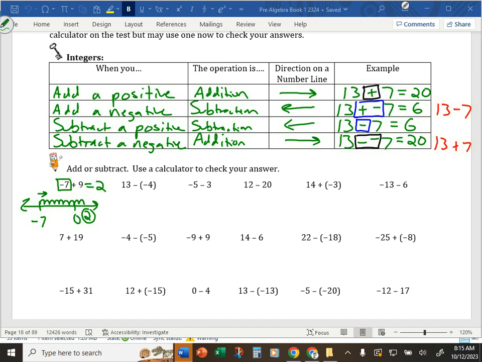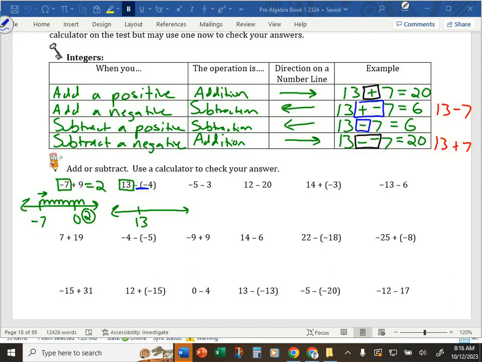So the next one, 13 minus negative 4, we're starting at 13. Okay, so I'm just going to put 13 down. And then looking at what comes between the numbers, I've got subtracting a negative. What operation is that? Or which direction on the number line is that?